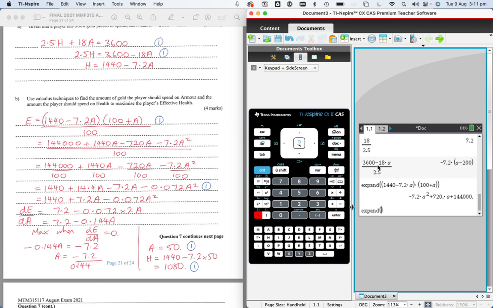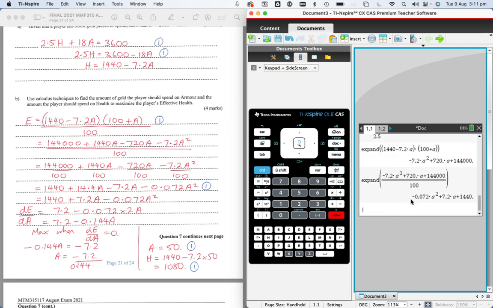I'll try expand this divided by 100. There you go. So 1440 plus 7.2a minus 0.072a squared. I'd leave it like that. That's fine. But you can see that they've just led with a positive term and gone up in squares instead.